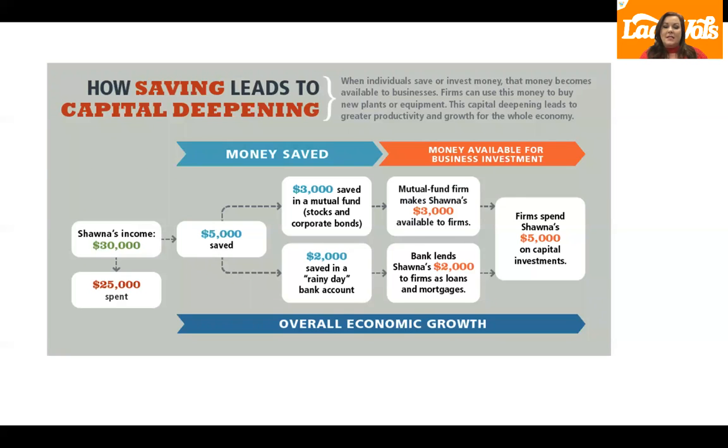I can invest it in stocks. I can have a rainy day fund. Businesses can use the money that's invested into them. If I invest money into stocks and bonds, then that business can use that money to purchase more goods. And that's a really good thing.